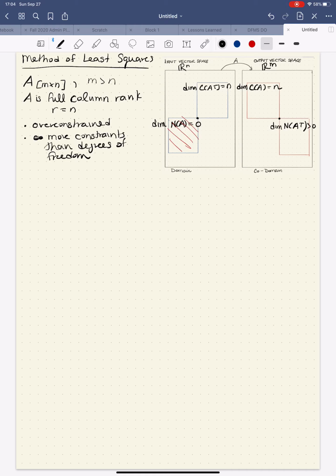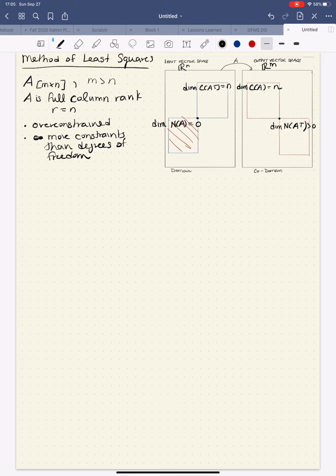And of course, what that means is that there will be either a unique solution or no solution at all. And what I want you to think about is, let's say m is equal to 8 and n is equal to 3. There are three vectors, okay? So you have 3 columns that are trying to span an 8-dimensional space.